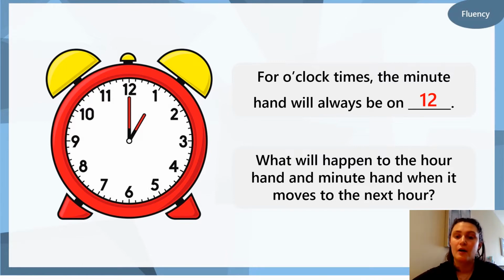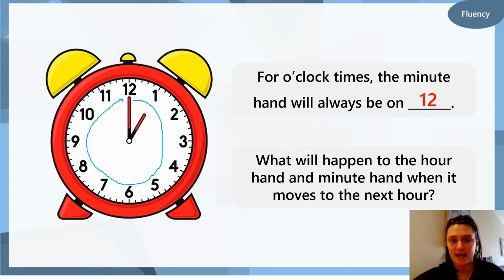Very good. What will happen to the hour hand and minute hand when it moves to the next hour? So as the minute hand moves around the clock, the hour hand will also move around the clock, but it will move a lot slower. So the big hand will move all the way around the clock until it gets back to 12.